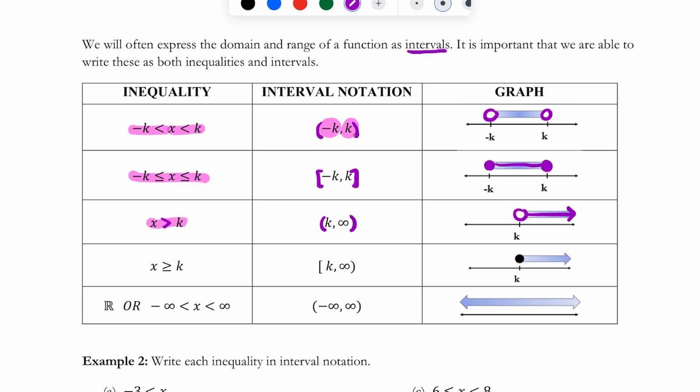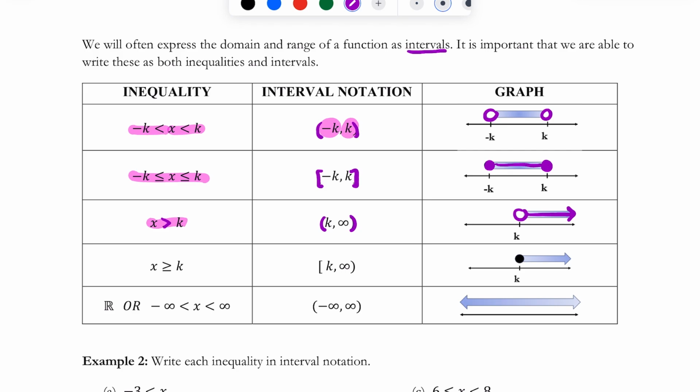And so I'm going to write my interval as positive k to positive infinity. And since, again, we will always use brackets for values that I can actually exist at, since we can never actually exist at infinity, we will always just use a parenthesis on infinity. It doesn't matter if it's positive or negative.